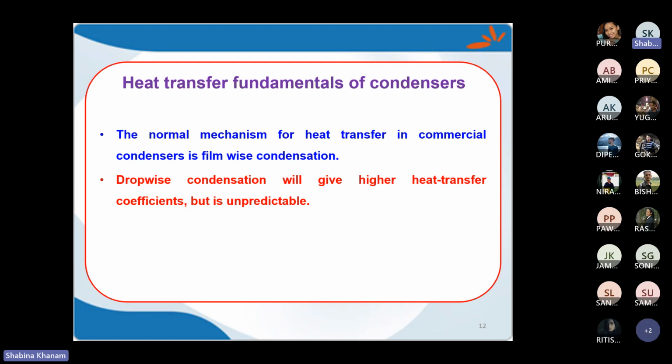The equation or the empirical correlation for heat transfer coefficient, whatever has been developed, is specifically for film wise. So though heat transfer coefficient in film wise would be lesser, we will consider the same expression to design the condensers, not drop wise. I hope it is clear to you. So film wise condensation we will consider to design the condenser.